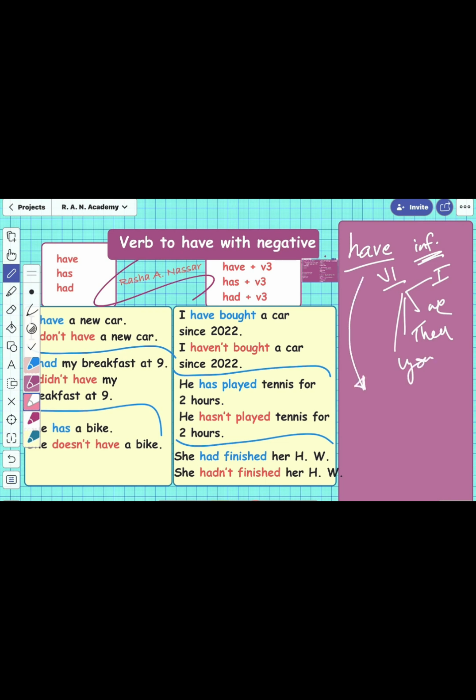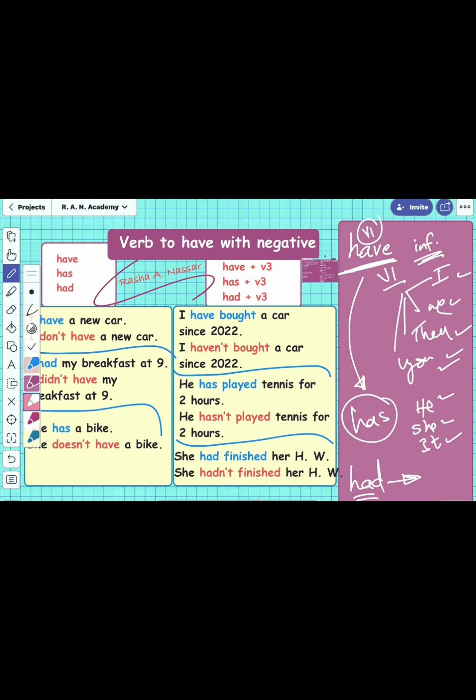And when I want to use the verb to have with he, she, and it, I have to choose has. And if the verb is in the past, the past form of the verb to have is had. So had comes with all pronouns: I, we, they, you, he, she, it, right? So here I have the verb to have in the infinitive form. It is V1 of the verb.